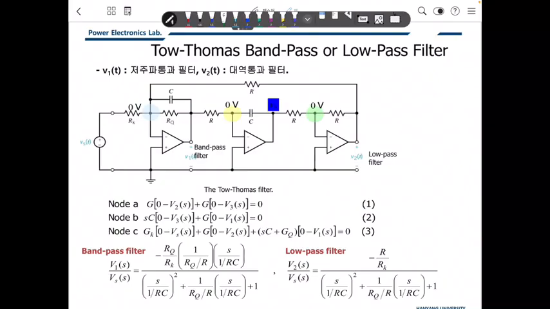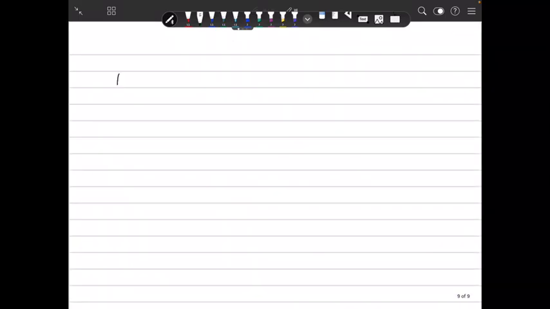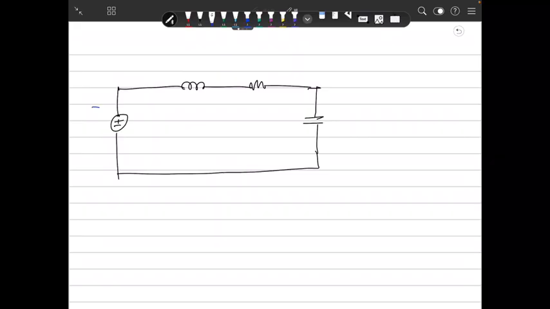It looks like this, with the low-pass filter in this manner, the RLC filter. Then the capacitor. Define this as V in, this as V C, this as V R, and this as V L.